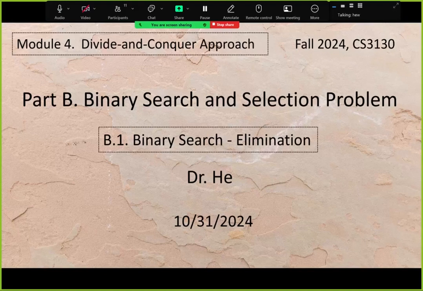All right, B.1, binary search elimination. We want to use the elimination method to understand the binary search.